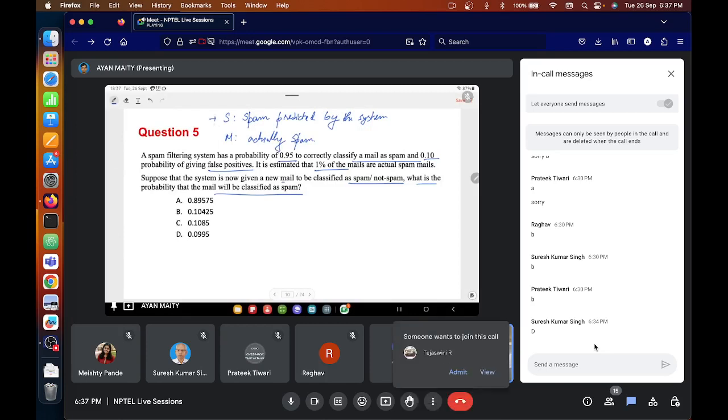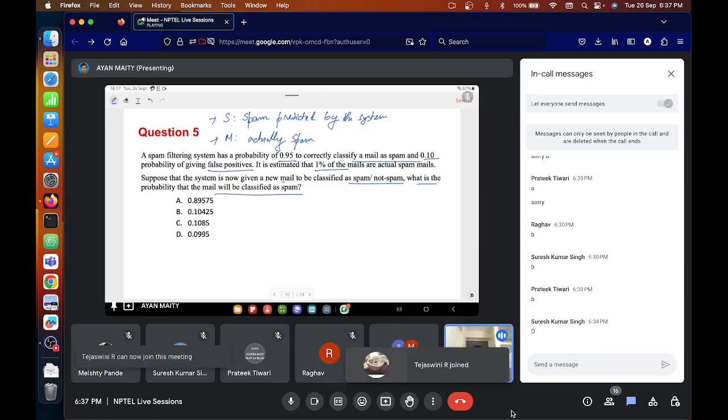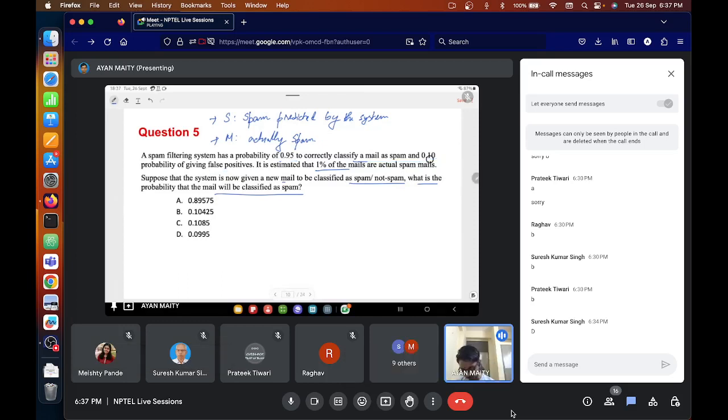So S is when a mail is predicted as spam by the system, and M is a mail being actually spam. Using these two random variables, we have to define the probability values that are given here.